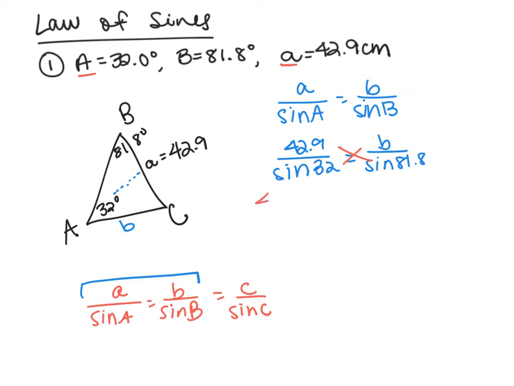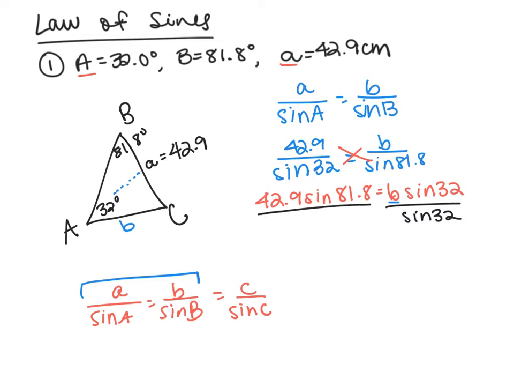So first we cross multiply, get 42.9 sine of 81.8 equals b times sine of 32. Now again, we're solving for b. Remember, sine of 32 is just a number, and we have b times sine of 32 right now. So to isolate b, divide both sides by sine of 32. Now you just use your calculator, type in this whole piece, and that is your answer.